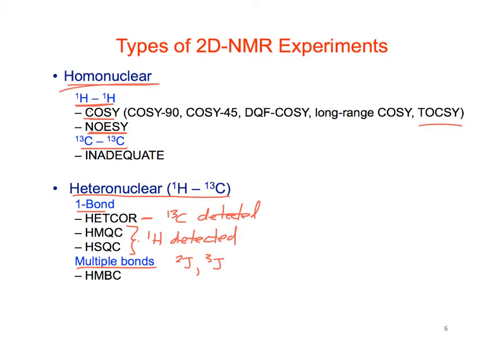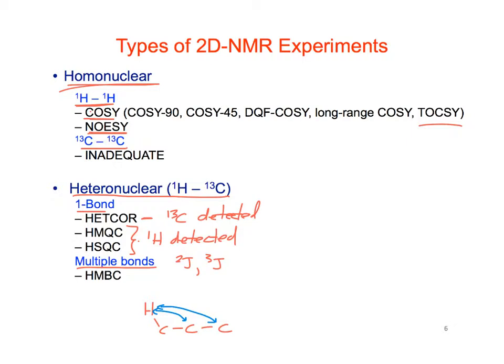For example, they're good at showing coupling between a proton and a carbon that's 2 bonds away, or a carbon that's 3 bonds away. The challenge is that even though we can try a little bit to optimize for 2 or 3 bond couplings, we get a mixture of those. So that's a little bit of an ambiguity in our analysis, because we don't always know whether it's a 2 bond or a 3 bond.